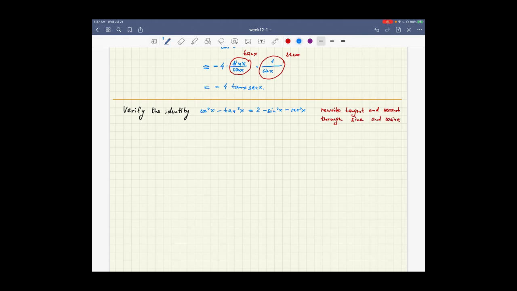So that'll be cosine squared x minus sine squared x over cosine squared x equals 2 minus sine squared x minus 1 over cosine squared x.